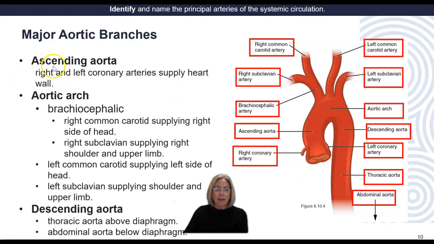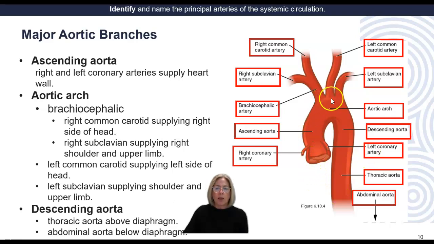Okay, so let's go back here to the ascending aorta, which you can see here. The ascending aorta just has two branches from it. These are the right and left coronary arteries, as you can see here, that supply the heart wall with oxygenated blood.